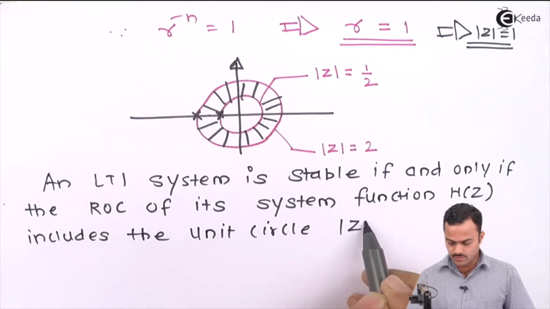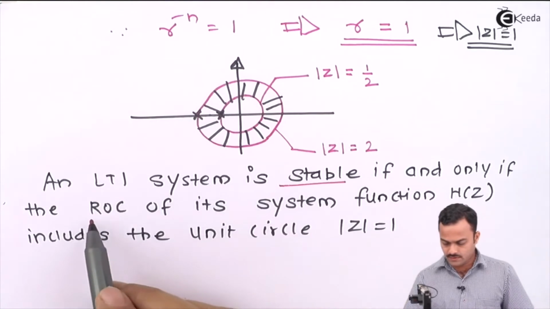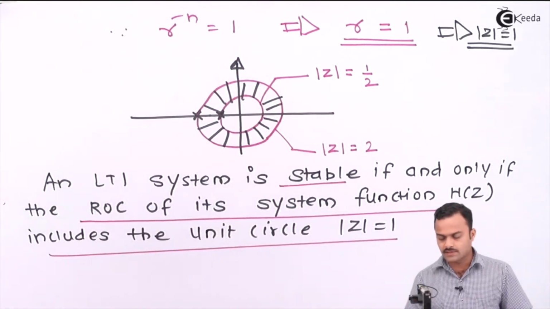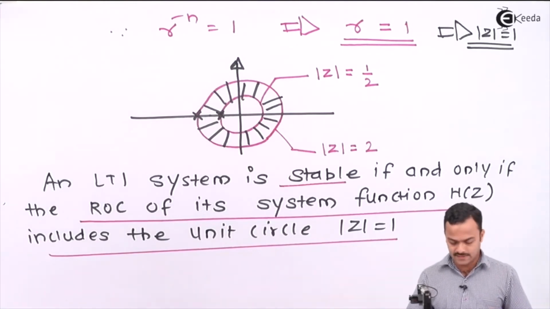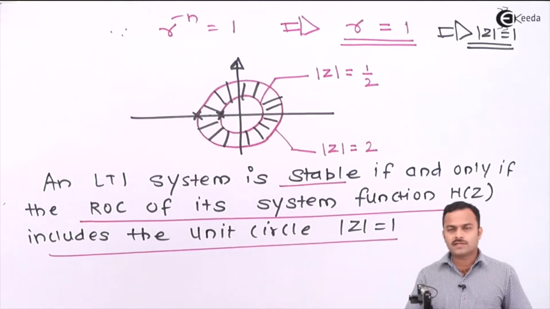That is nothing but mod z equal to 1. So for stability, ROC must include the unit circle, then and only then can we say the system will be stable. Most of the time we'll be dealing with causal and stable systems.